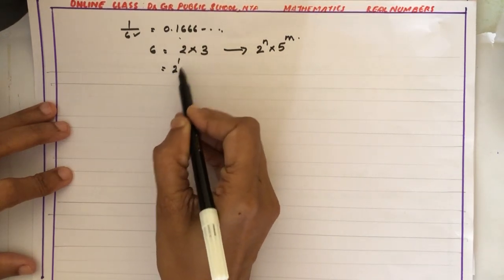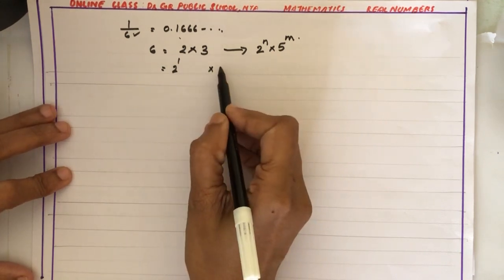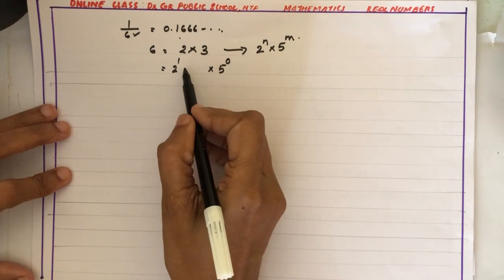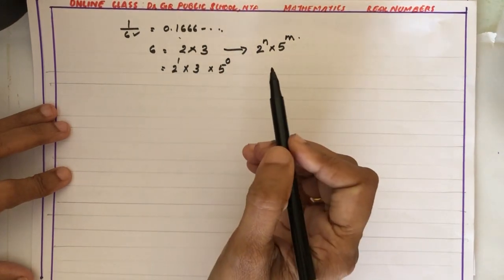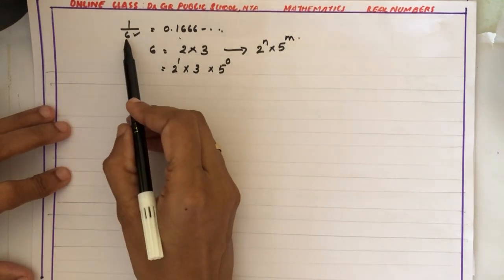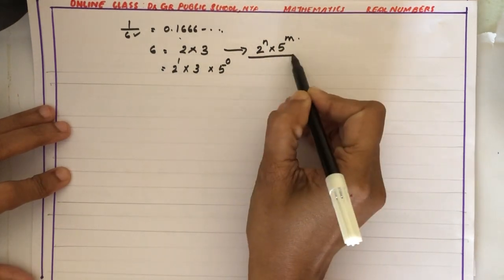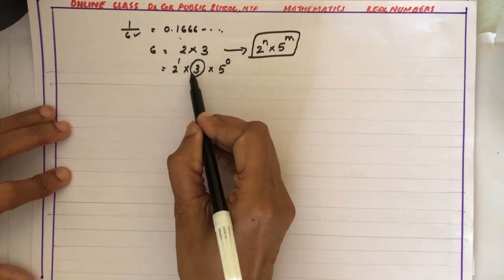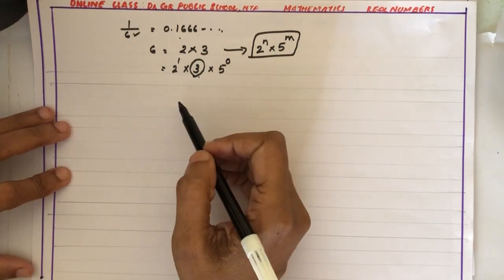If we want, we can write 5 raised to 0 also. But we have one more prime factor, 3. So this denominator cannot be written in this form because we have one more prime factor here other than 2 and 5.